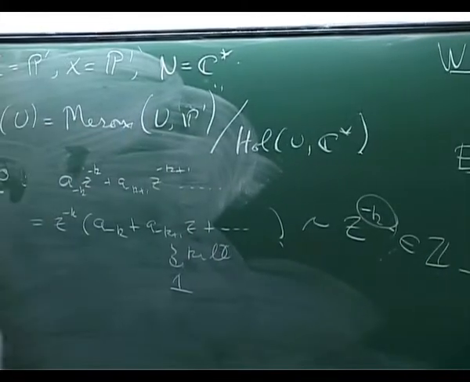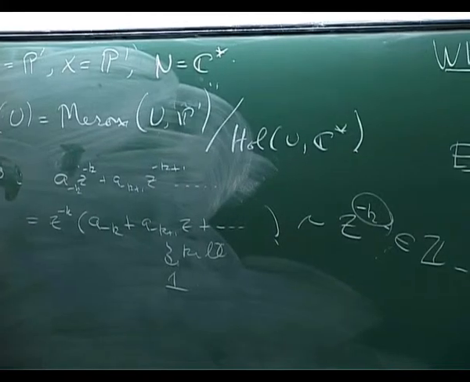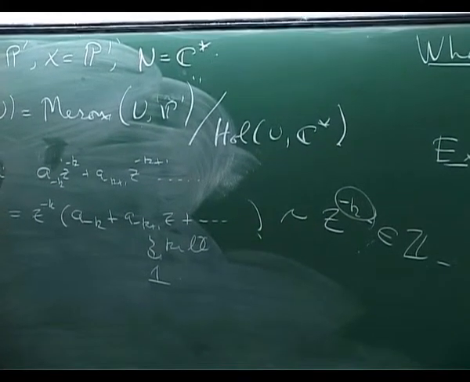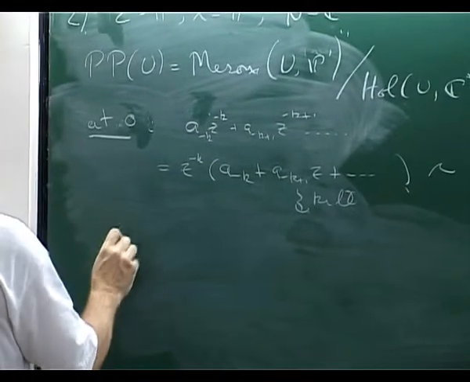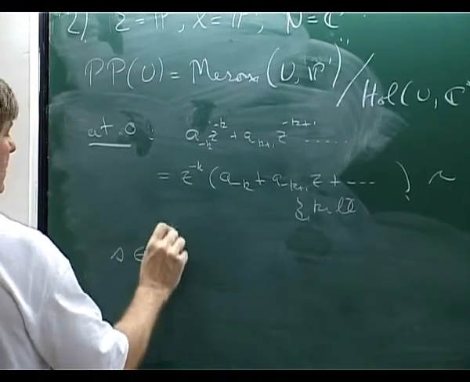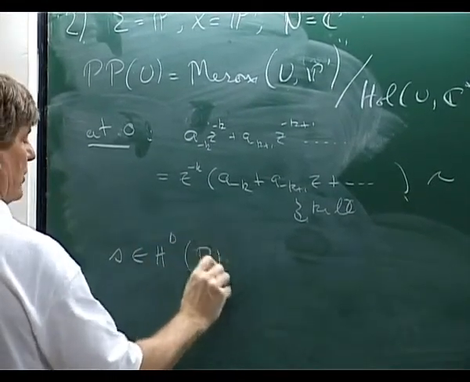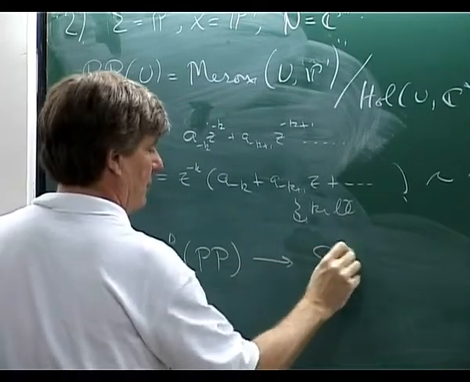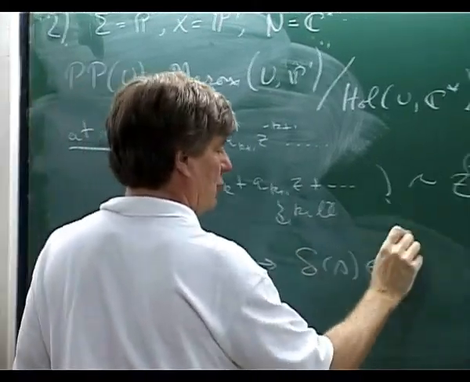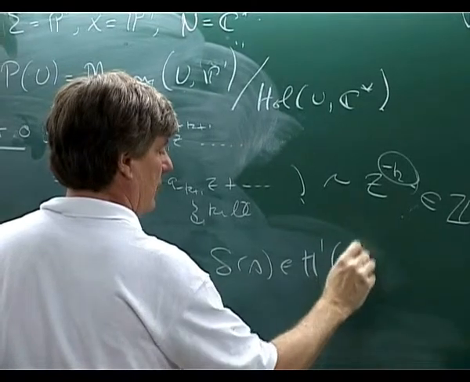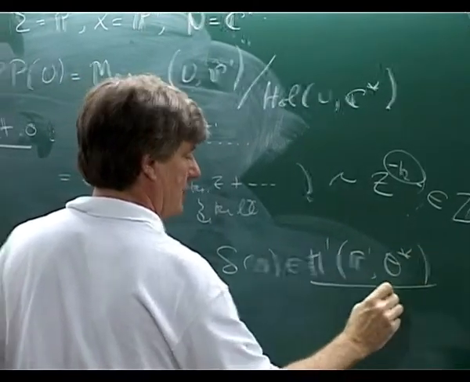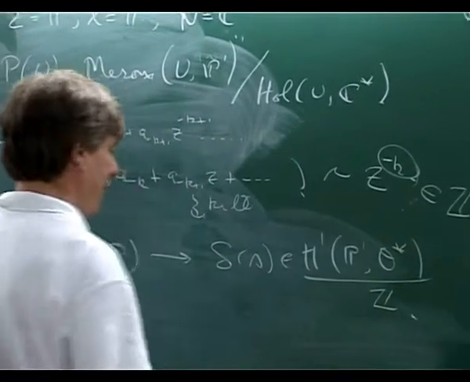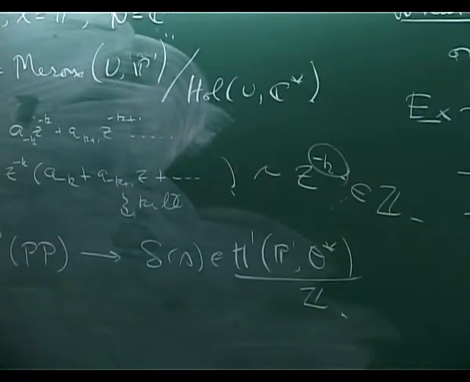So it belongs to Z. Okay, and indeed, of course, the same way, if you look at s belonging to H0 of the principal parts, then you take its coboundary, it will belong to H1 of P1 with O star. And this, of course, is Z. Okay?